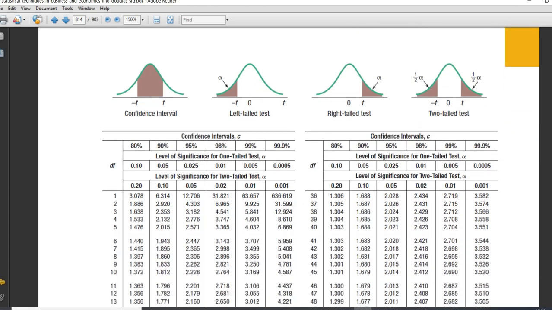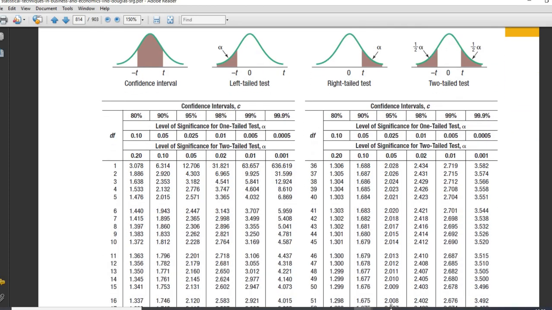So we have 10 degrees of freedom, and we have the level of significance. The level of significance for one-tailed alpha is here, 0.05. We are trying to find the critical value.